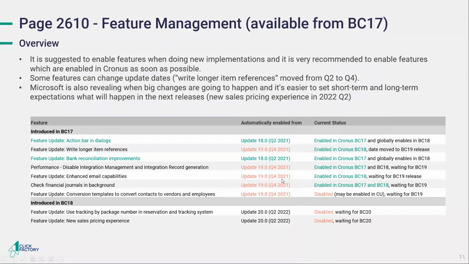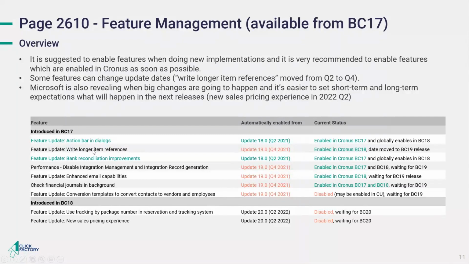There was also one item, disable integration management, which we are still waiting on for Business Central 19, as was said in the Business Central 17 version, but it is enabled in Business Central 18 as well. Also check financial journals is enabled from Business Central 17 and 18, and again we are waiting for Business Central 19 for it to be automatically enabled for everyone.